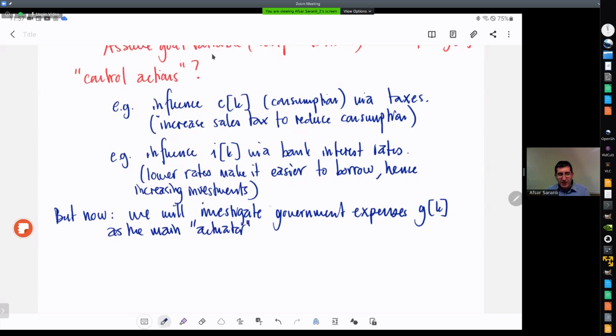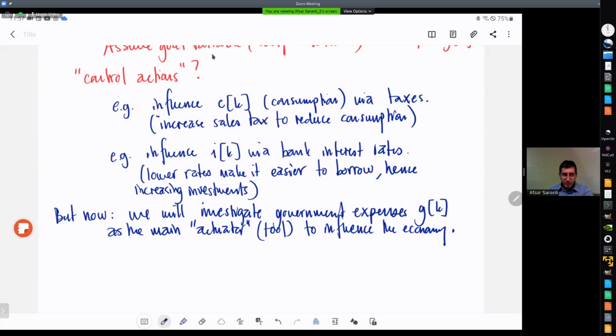That means the main tool to influence the economy. So let's see how government expenses play a role.